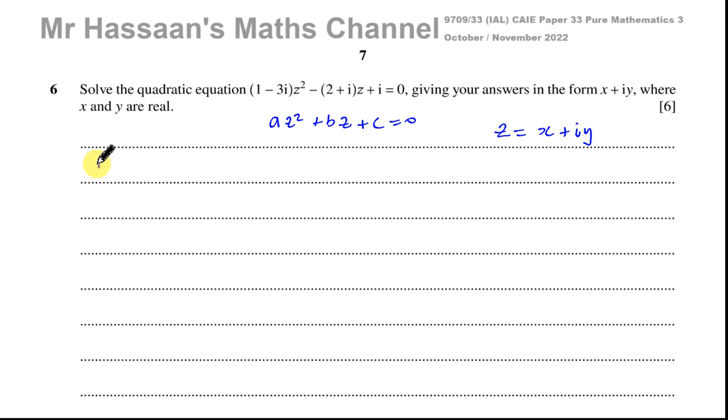So our a value is going to be 1 minus 3i. Our b value is going to be negative 2 plus i. And our c value is going to be i.